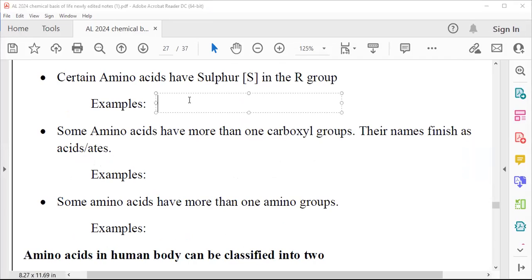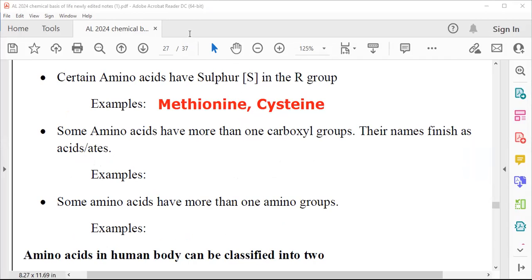Who are they? One is methionine. The other one, cysteine. Correct? Am I right?